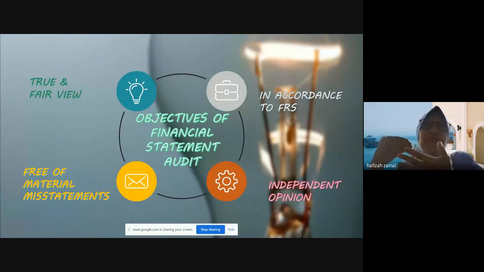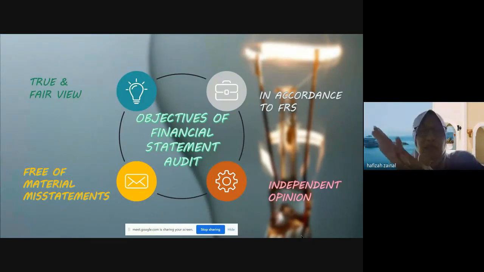True means whatever figures inside the financial statement are accurate, exist, complete, and so on. And fair means it reflects the fair presentation. It's talking about fair value, fair presentation and also the disclosure that the client must follow. So that's the first one.